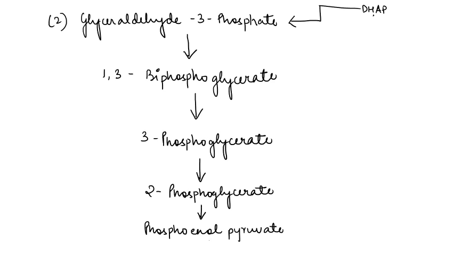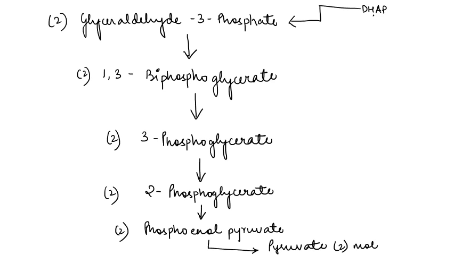And this phosphoenol pyruvate changes to pyruvate, right? So this is the pathway. Here you can see there are 2 molecules of glyceraldehyde, 2 molecules of 1,3-biphosphoglycerate. From here 2 molecules started everywhere, and again pyruvate 2 molecules. Now we will see the enzymes.